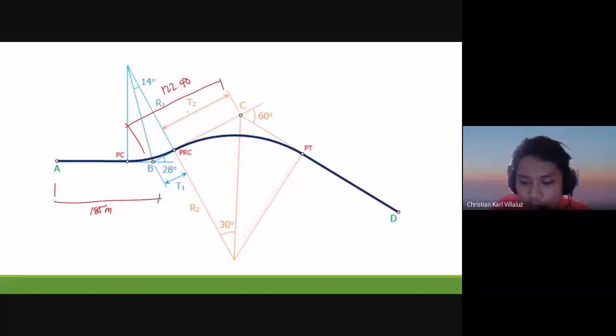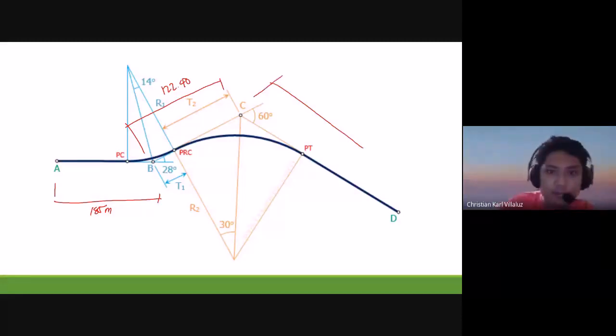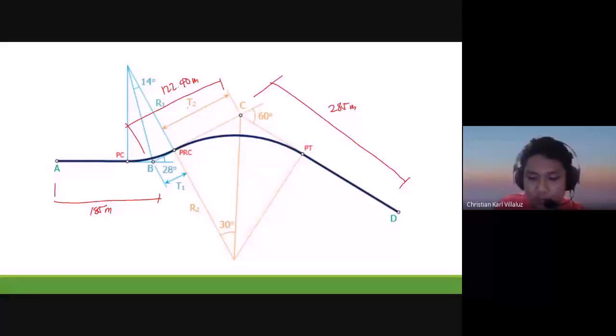And we have 285 meters from point C to D. Okay. So, the problem says that the PRC, or the point of reverse curve, must be 1/4 the distance from point B. So, 1/4 of the distance B to C is the location of the PRC from B.